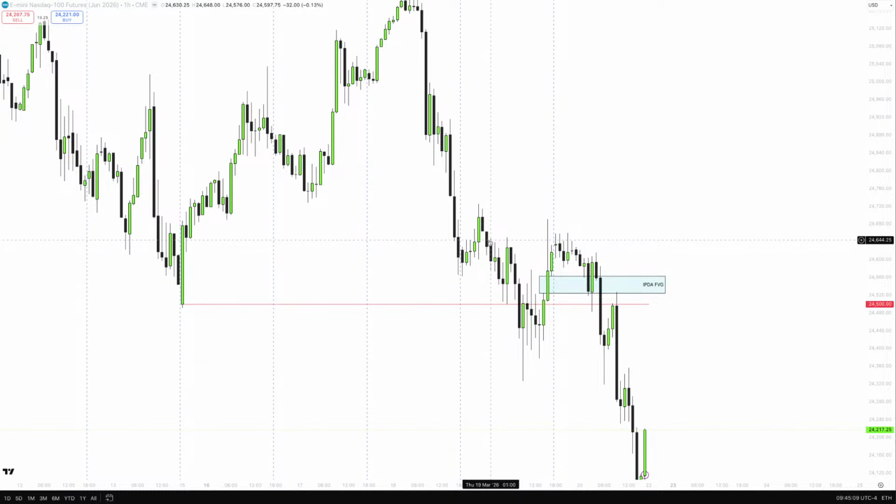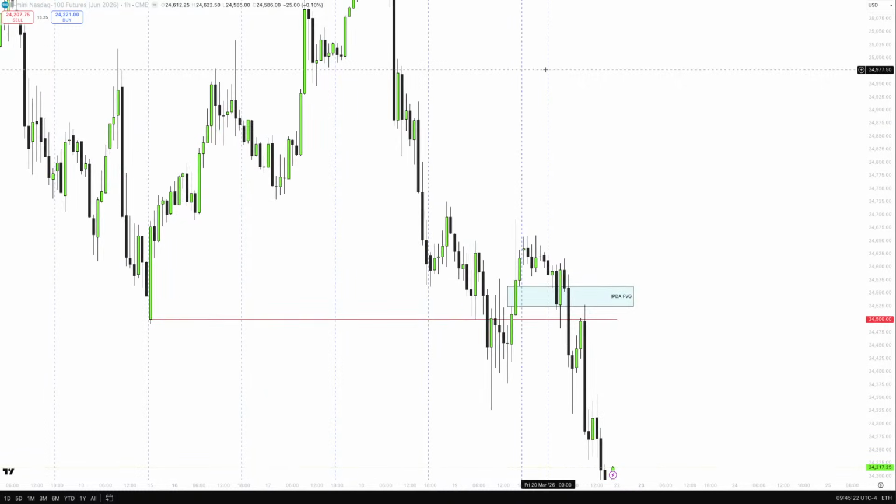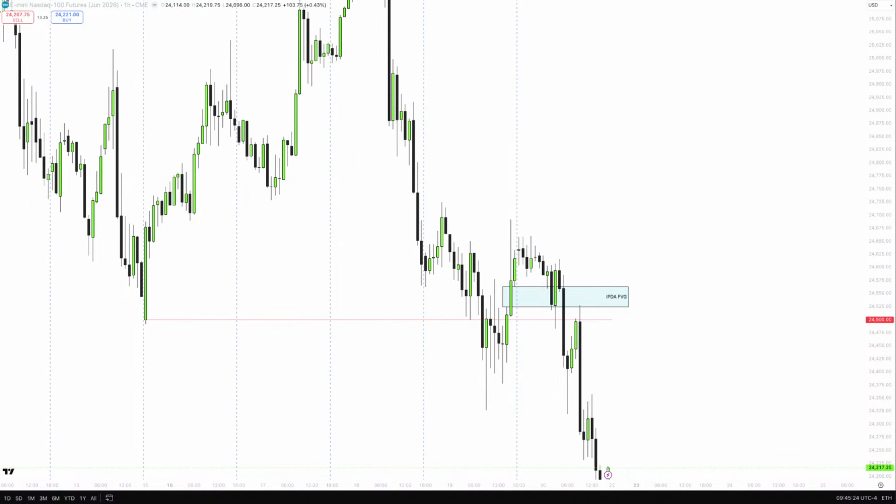This right here is an IPTA fair value gap because it is 24, because midnight is not only 0, 0, but also 24, like 12 p.m. No, 12 a.m. So it doesn't matter if you say 24 or 12, it adds up to 3 or 6.